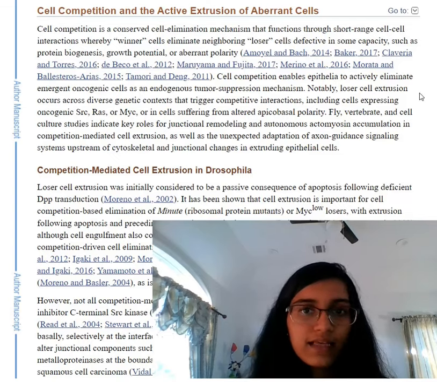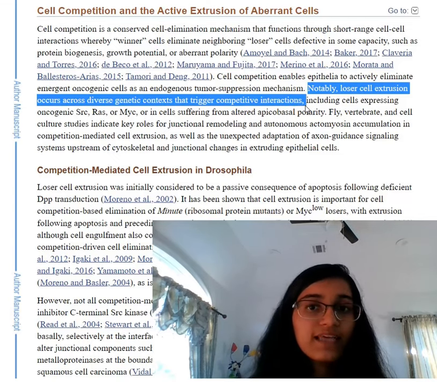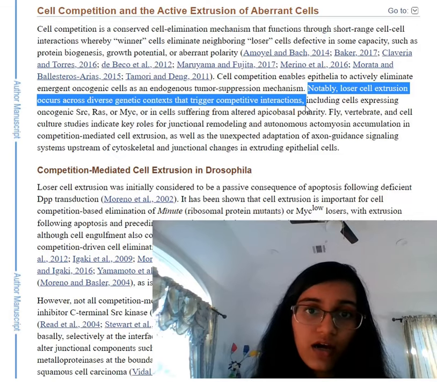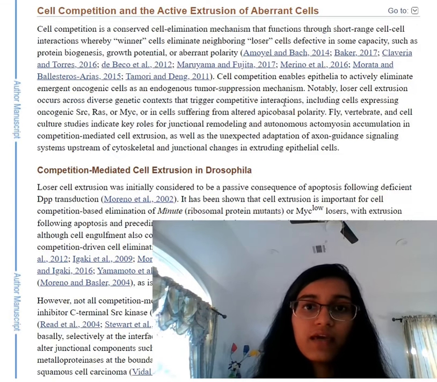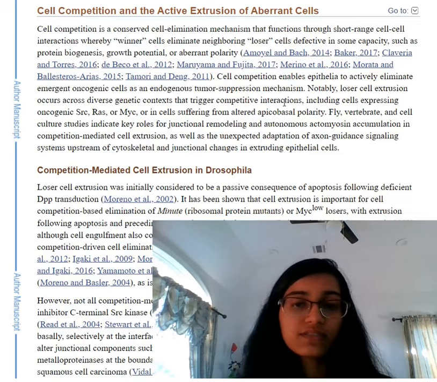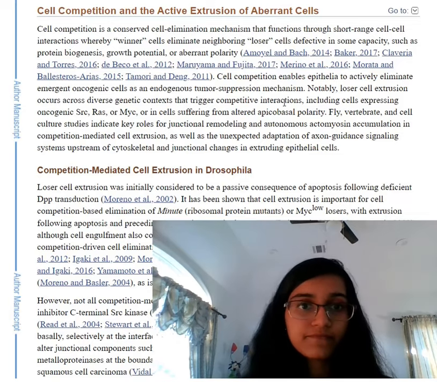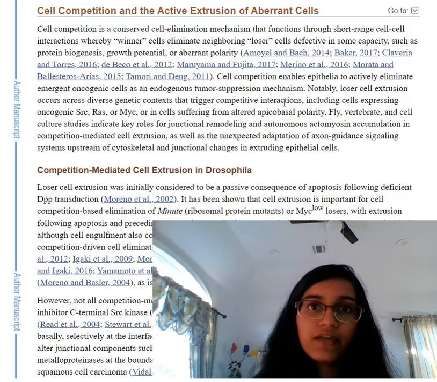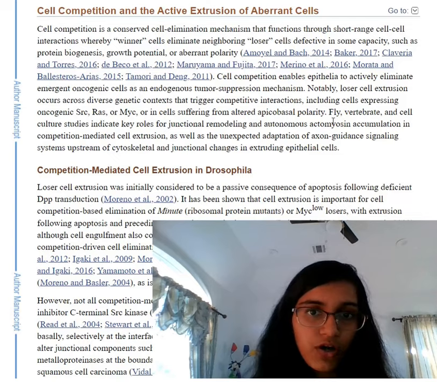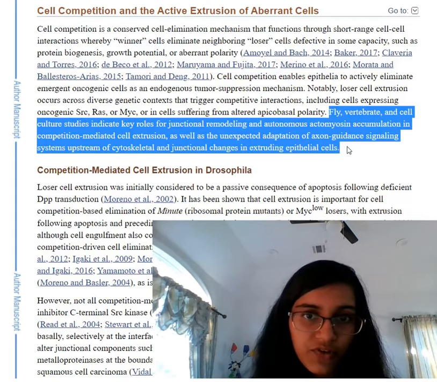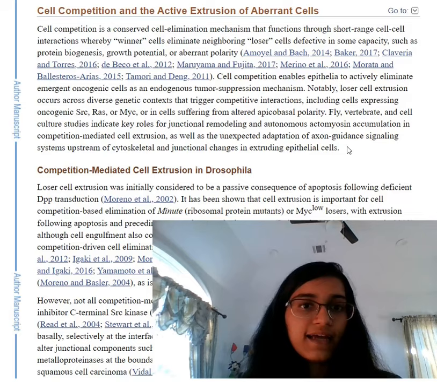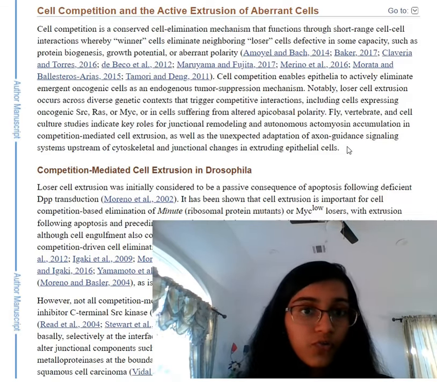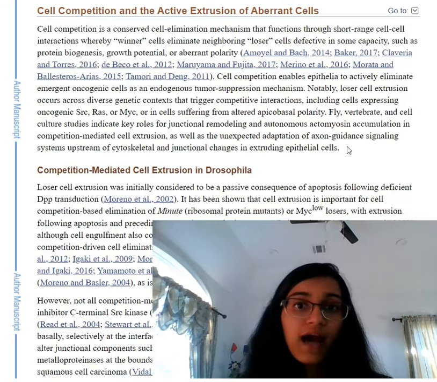And as shown over here, this happens in a variety of different genetic contexts, and also in a variety of different animals, including flies and vertebrates. This happens also through a variety of different mechanisms, which are detailed in this last line over here. We see that there is a role for junctional remodeling over here. Actomyosin accumulation also plays a role, again.